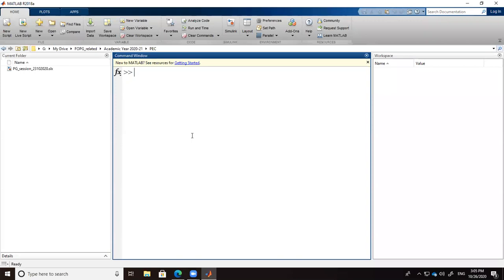Okay, there are two aspects. One will be implementation of three-phase bridge rectifier, and the second will be exporting those results in your document. Okay, so let us see.